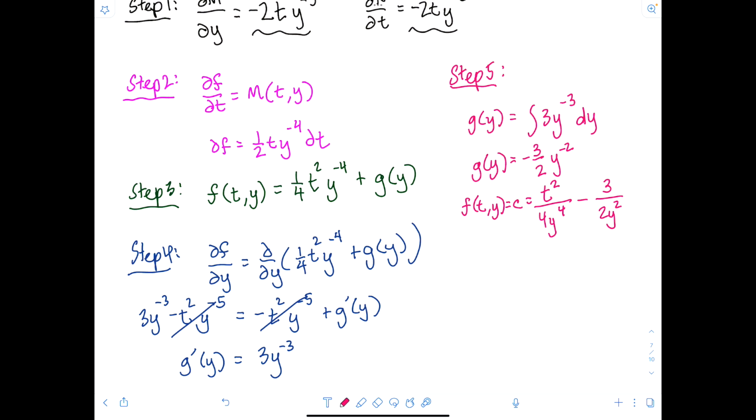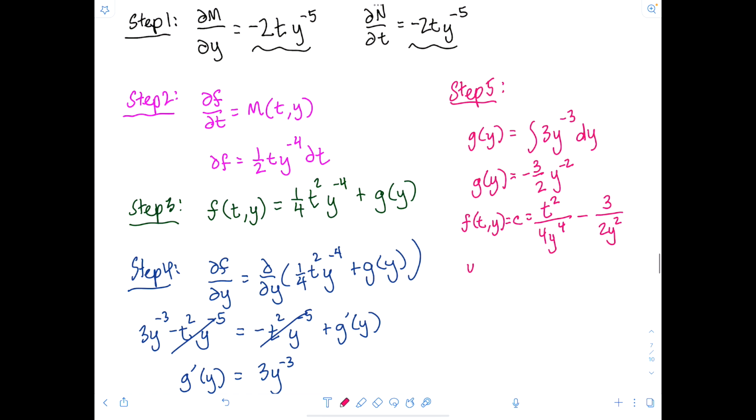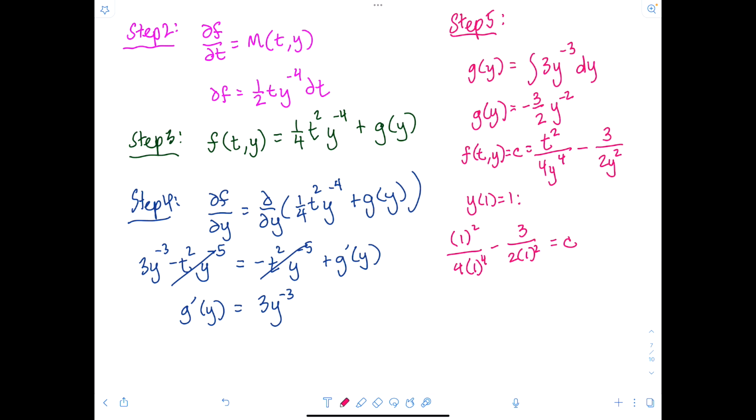Now, applying our initial condition. So remember that our initial condition, y at 1 is 1. So that means that we'll have 1 squared over 4 times 1 to the 4th minus 3 over 2 times 1 squared is our constant. And that will give us 1/4 minus 3 halves is our constant.